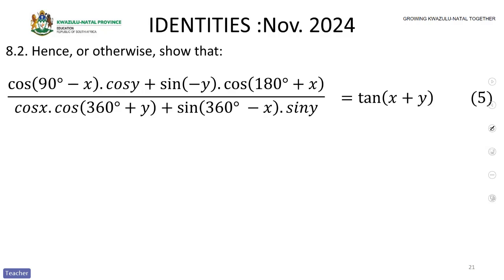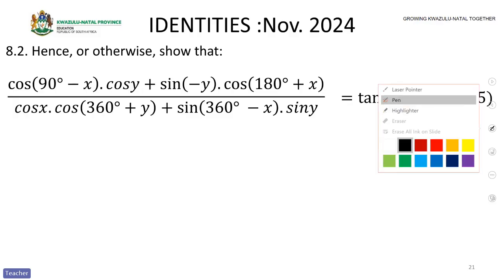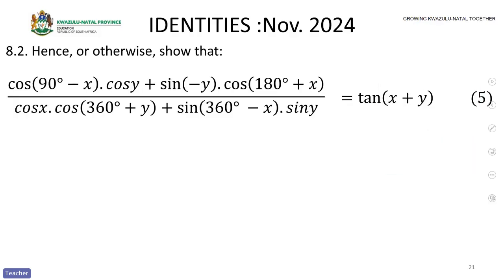So if we take our left-hand side, cos of 90 minus x, by now we just know that will be sine x times cos y.